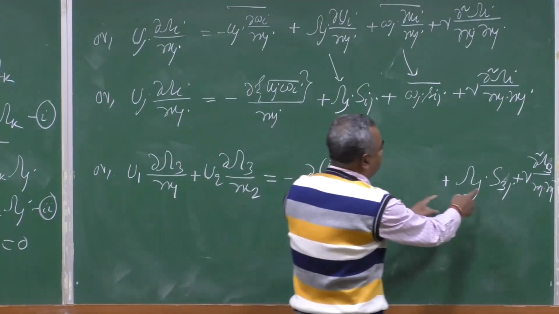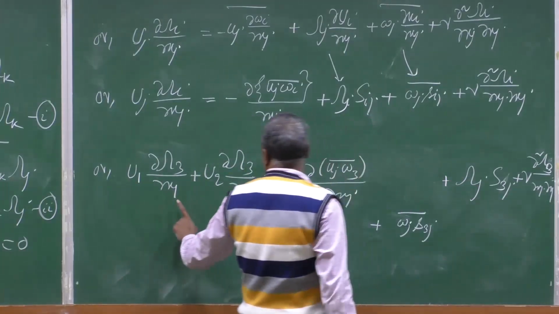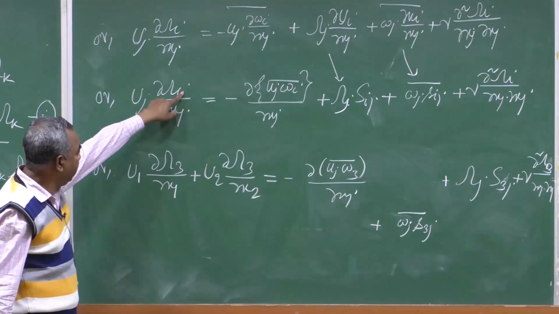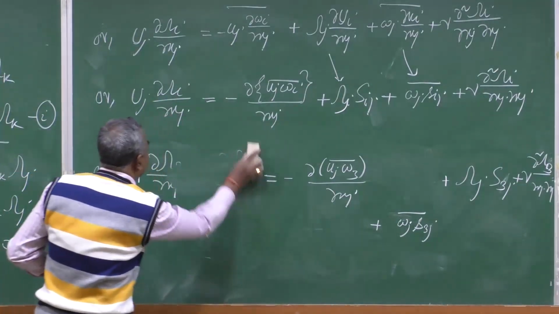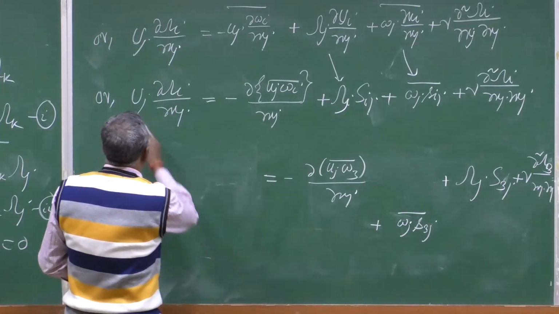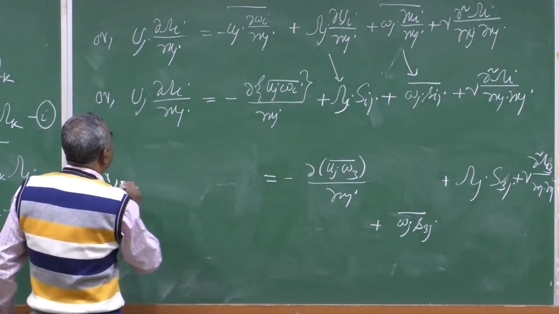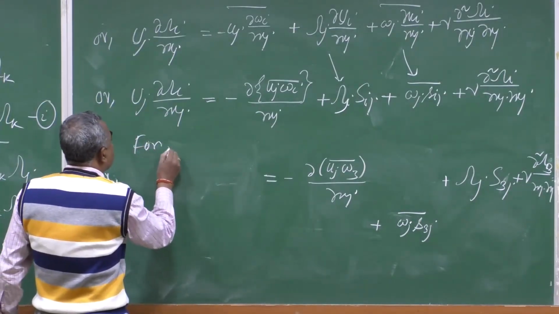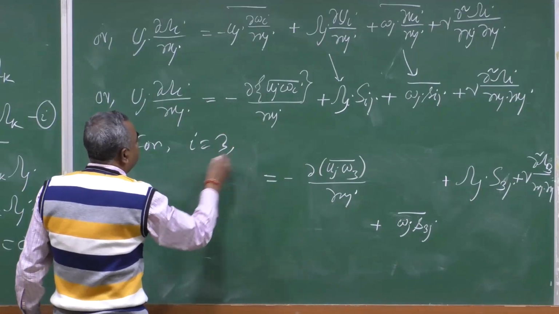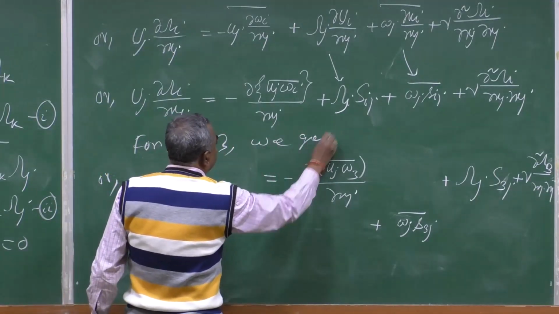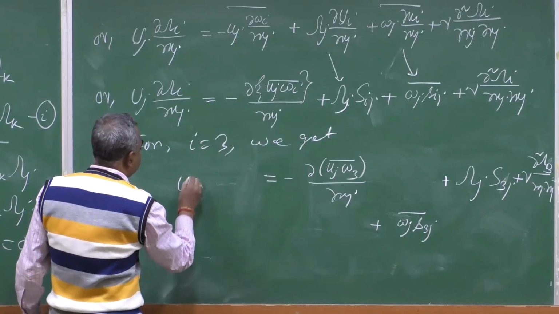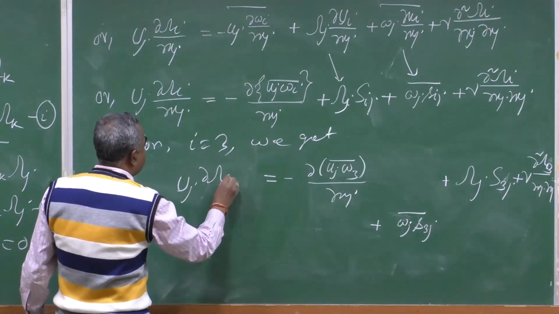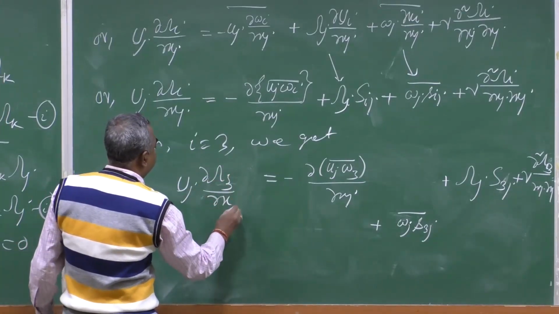So, this plus this plus this plus this for I is equal to 3, this is what we will get. Let me change this also. So, for I is equal to 3, we get u j del x j, okay.